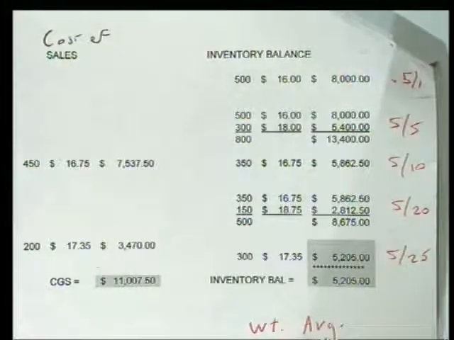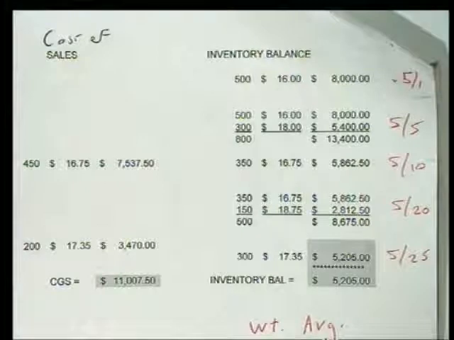Now we only have to figure out the weighted average cost right before we make a sale, correct? You don't need to figure it out every time you make a purchase, just when you make a sale. Okay? Remember, don't round it to the nearest dollar.